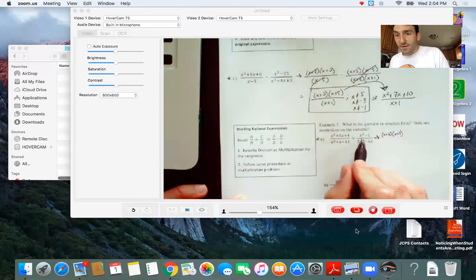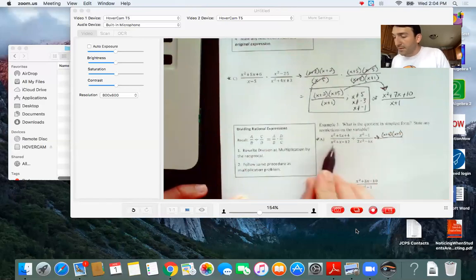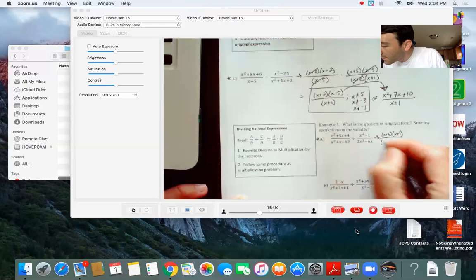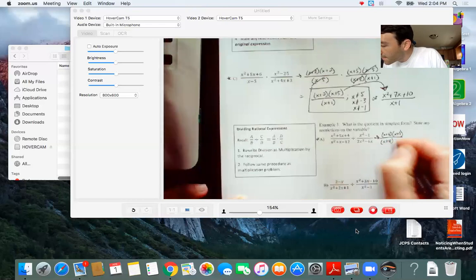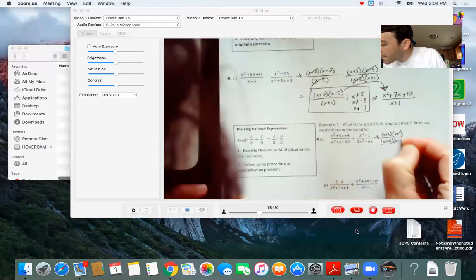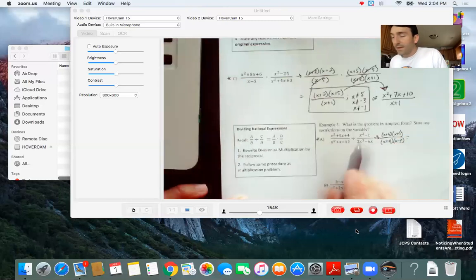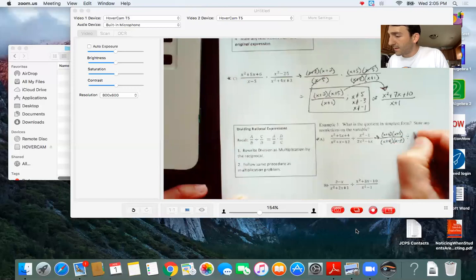Difference of squares for our next one. Actually, sorry, I'm going to do this first. So that's going to be x plus 4 times x minus 3. And then difference of squares there, so x plus 1 times x minus 1.